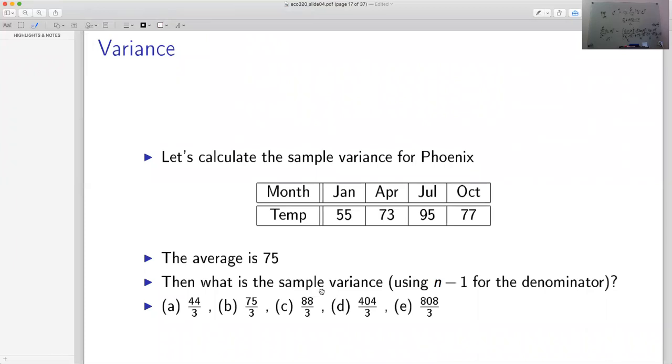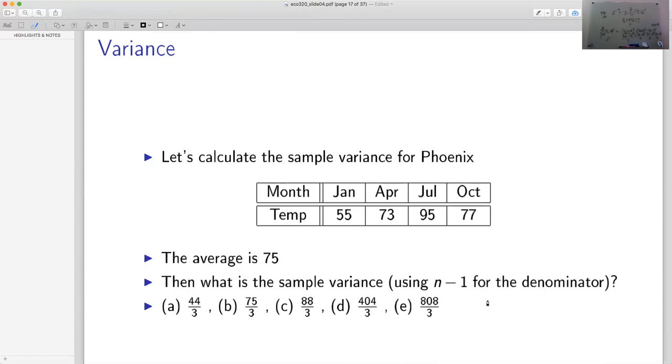In the exam, I'm going to define which one you should find, either population or sample. If I don't say it's a sample variance, you can just think of it as a population variance. If this is a sample variance, you should use n minus 1 for the denominator, right?